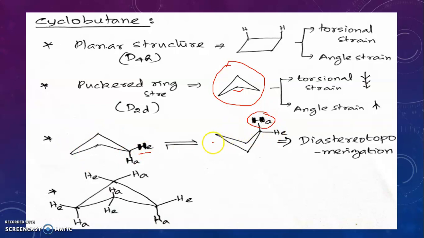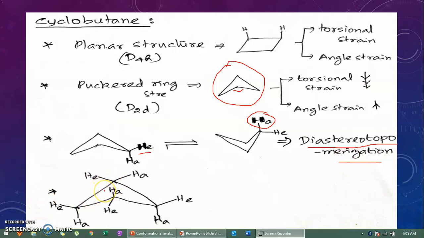These two are the same molecule, and this type of isomerism is called topomerism. We'll discuss this diastereomeric topomerization later. Before that, we'll discuss some more aspects.